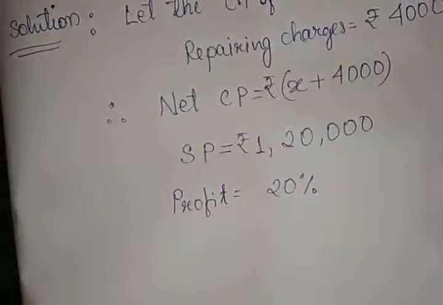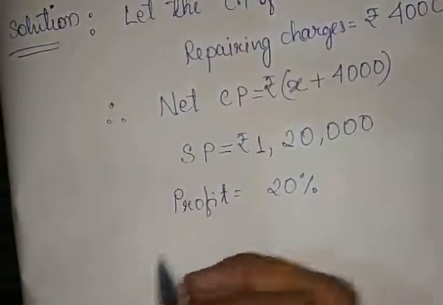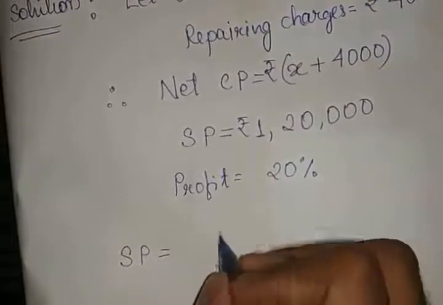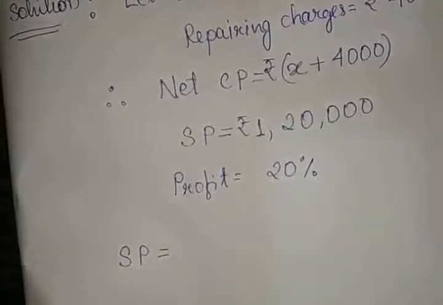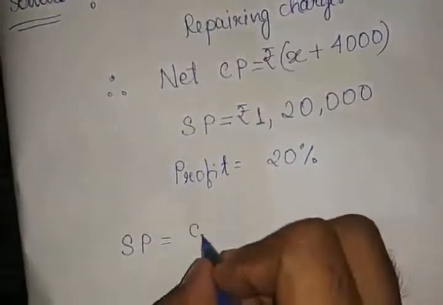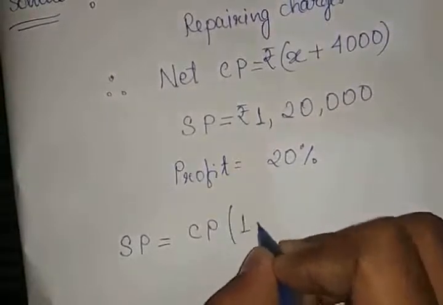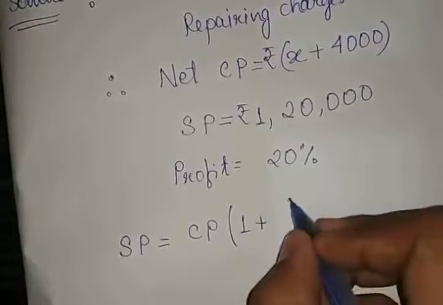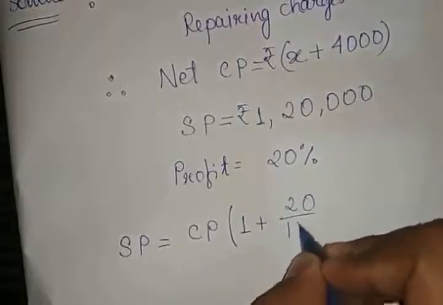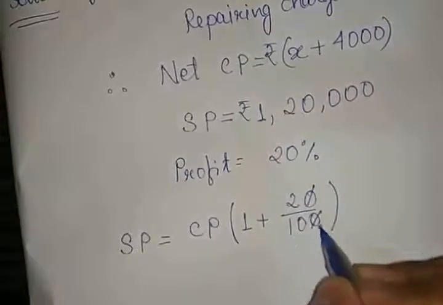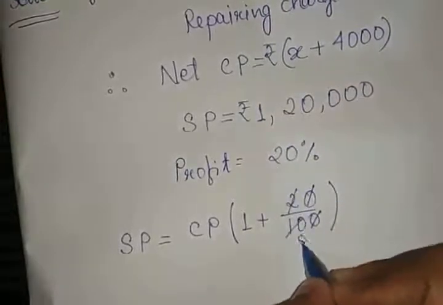If you remember the formula, if the profit is given, the selling price is equal to cost price times 1 plus profit by 100, that is 20 by 100. This 0 and this 0 will cancel out. This will be 2 5s are 10.